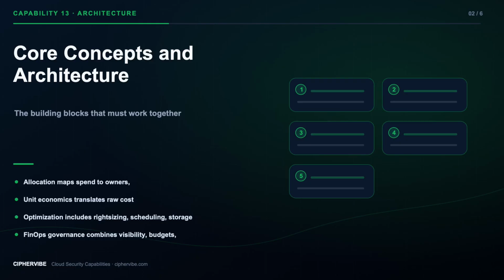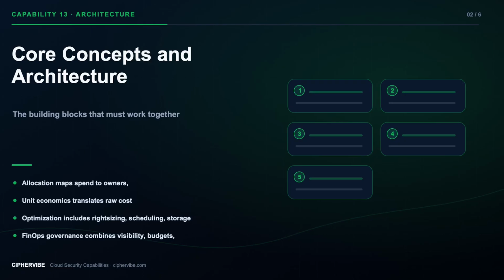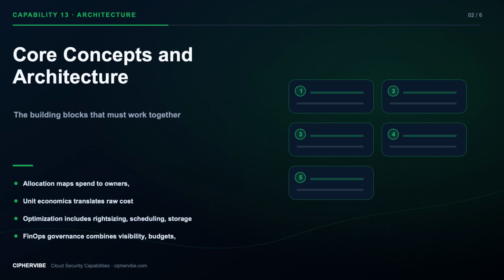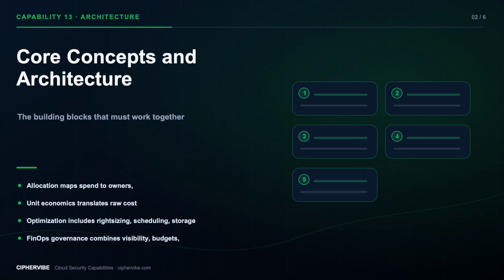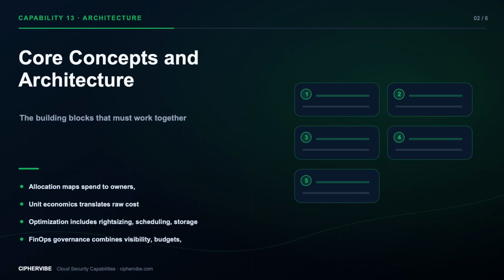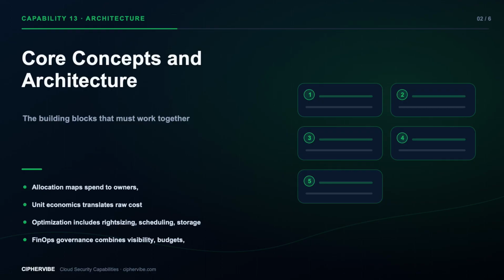Third, optimization includes right-sizing, scheduling, storage lifecycle, commitment management, architecture, and deletion of genuinely unused resources. Fourth, FinOps governance combines visibility, budgets, forecasts, anomaly detection, engineering action, and executive decision rights.